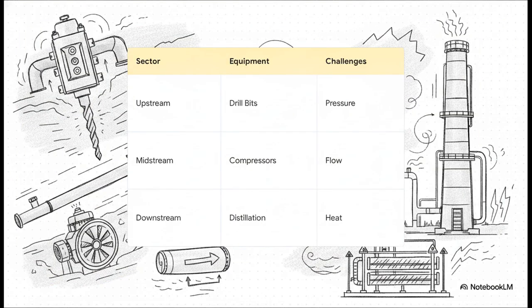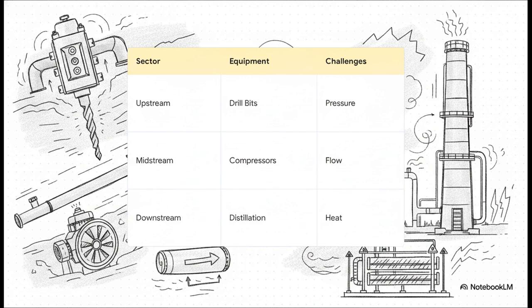Because each sector deals with completely different states of matter and pressure, the equipment they use is just uniquely massive. It's awe-inspiring, really. Upstream equipment, like blowout preventers and drill bits, well, they have to contain violent, totally unpredictable subsurface pressures that can easily exceed 20,000 psi. That's insane.